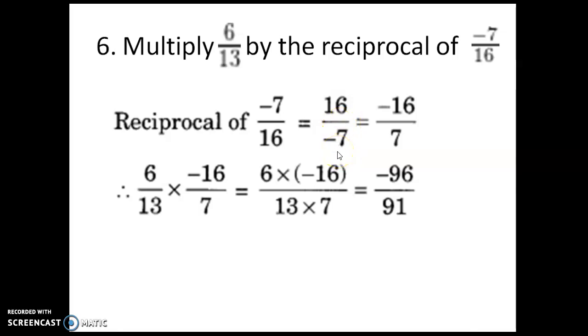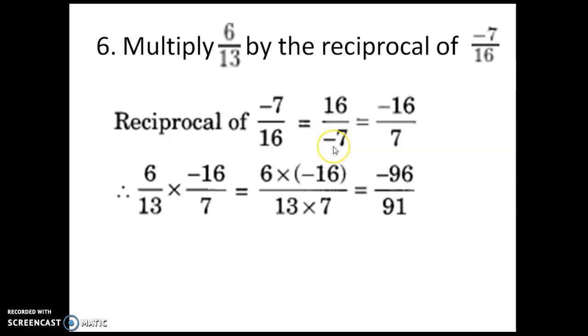Actually, I have discussed this in the previous video. Multiplicative inverse is nothing but the reciprocal. So the numerator will turn into the denominator and the denominator will turn into the numerator.